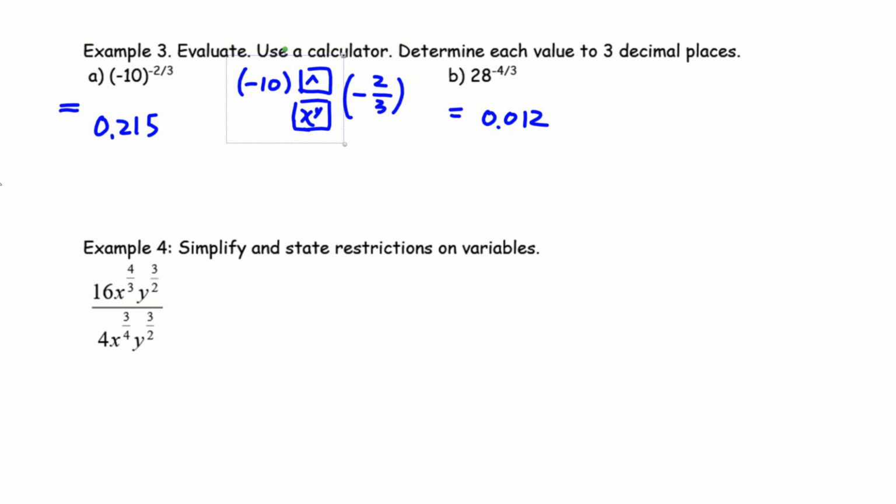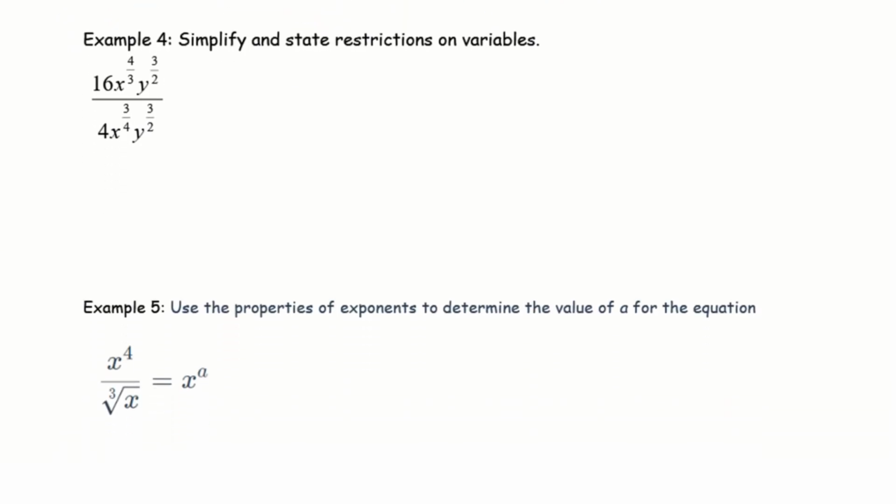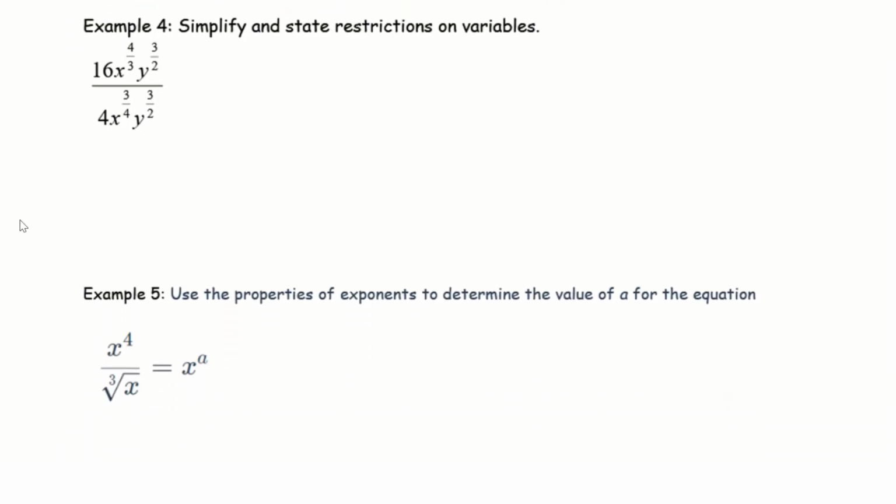Then we are going to continue to practice, apply the exponent laws to the rational exponent. So this one, we are going to focus on the like terms, the same base. So x with x, y with y, and the numbers, we do the simplification. So 16 divided by 4 is 4.